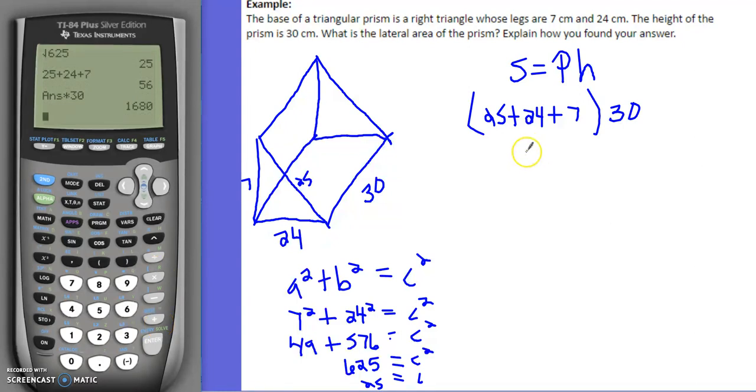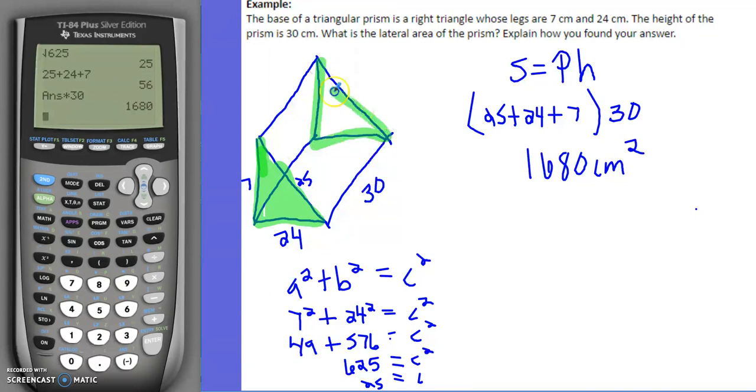We're going to get 1,680 centimeters squared. Okay, if we had to do the total surface area, then we would just find the area of this base times 2 and then add it to 1,680. Okay, but it just wants the lateral.